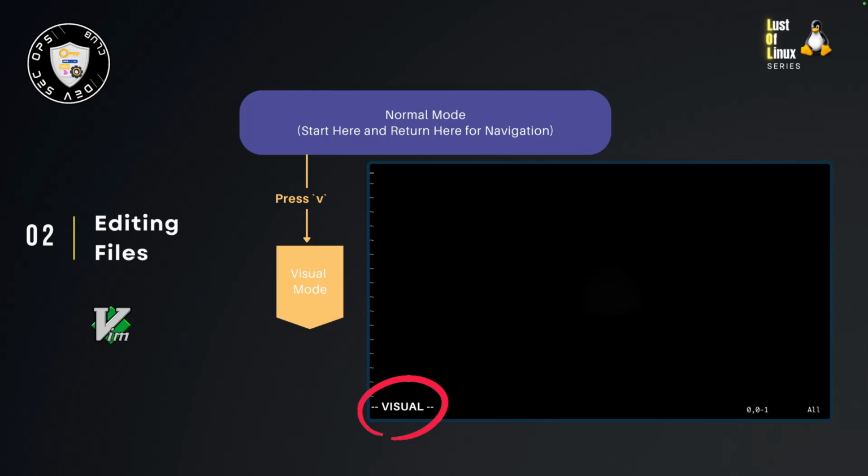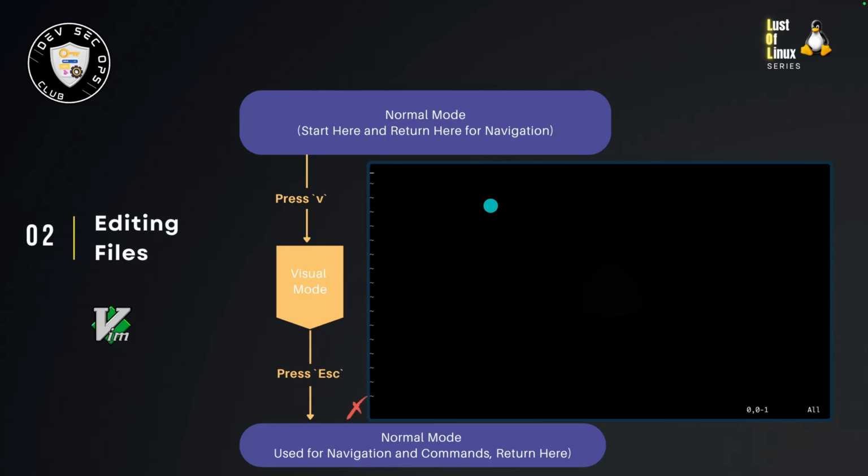Then what you could do is use v. When you press v, at the extreme bottom left of the screen, it shows visual mode. Once you press escape, this mode is gone and you return to normal mode. To demonstrate: you start here, press v, you enter visual mode, then you press escape to exit.